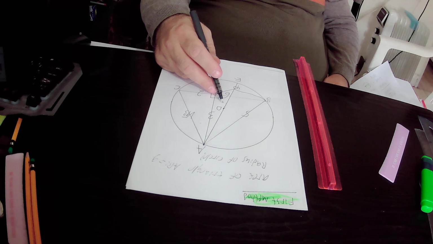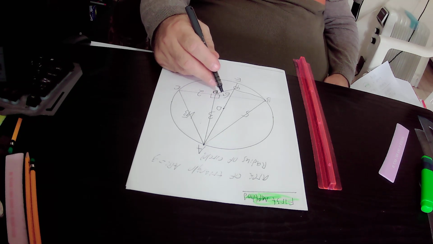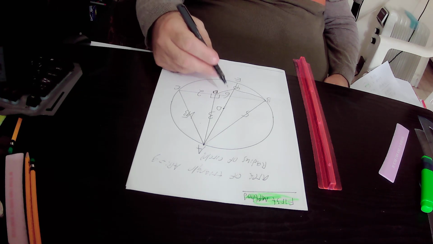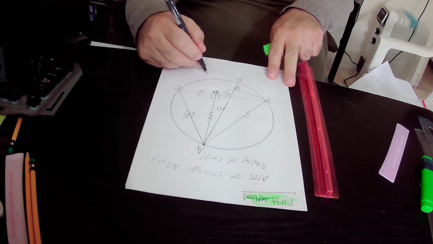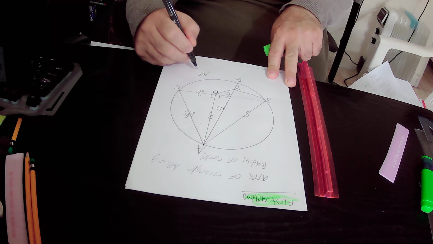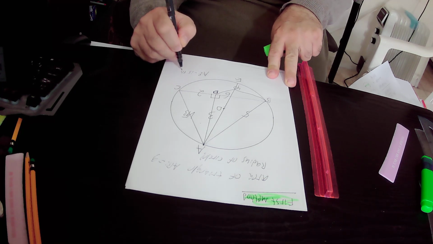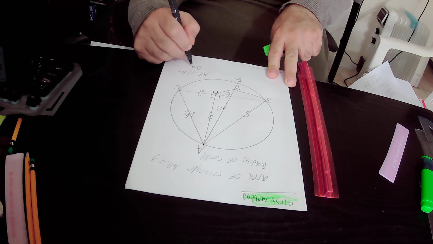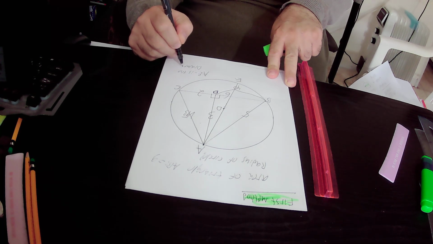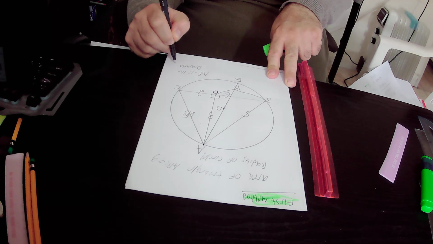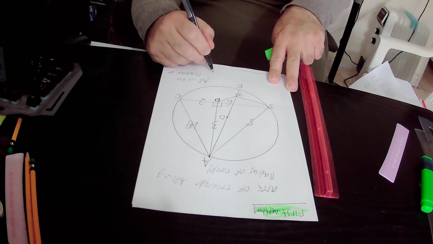Any chord that passes through the center of the circle is defined as the diameter. So we can write down that AE is the diameter of the big circle.